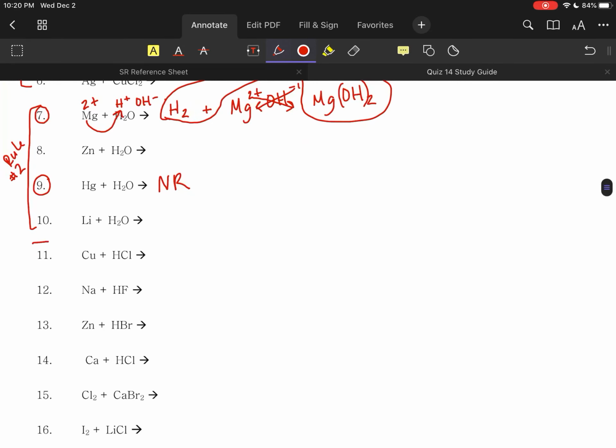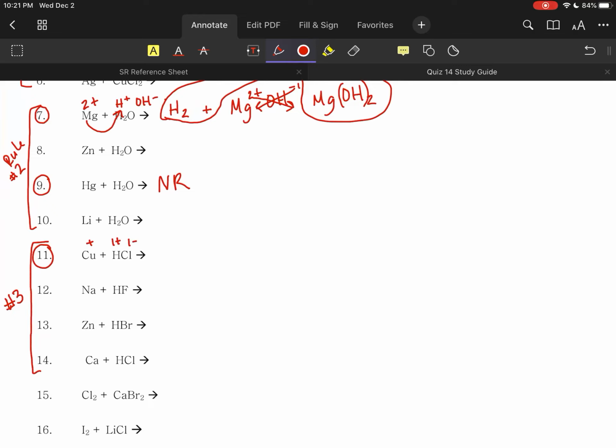Okay, this is rule number 3. Let's look at 11. So again, copper is either going to be a 2+ or a 1+, so I'm just going to put a plus for now. I know my hydrogen is 1+ and chlorine is 1-.